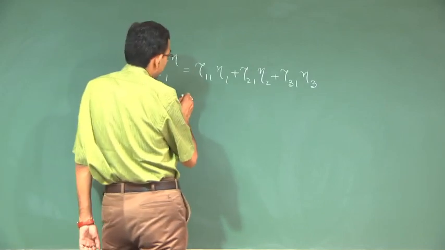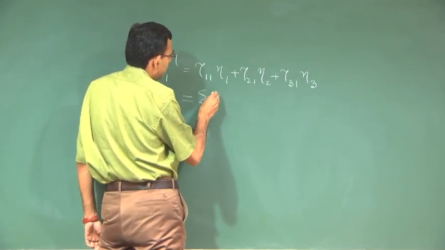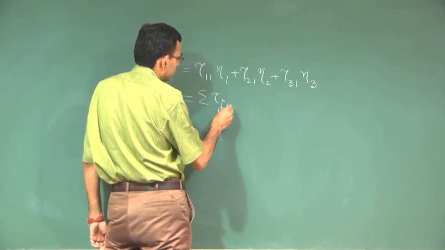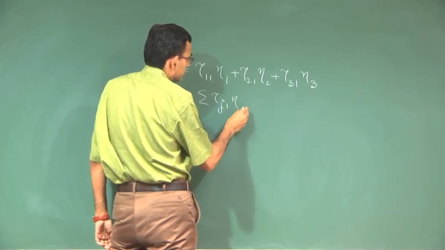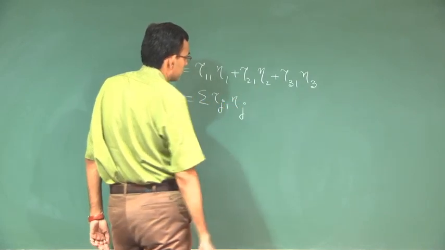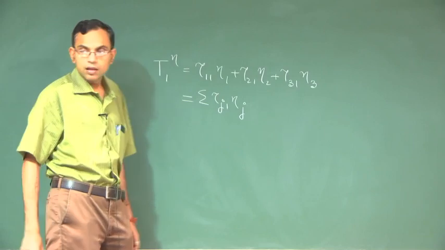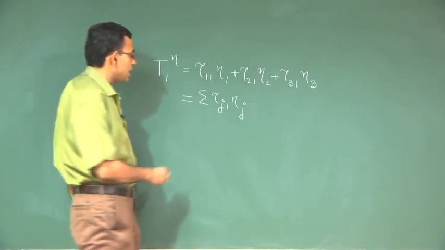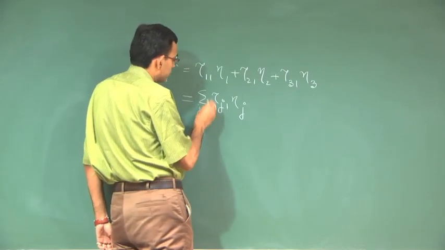So, this you can now write as a summation over j equal to 1 to 3.